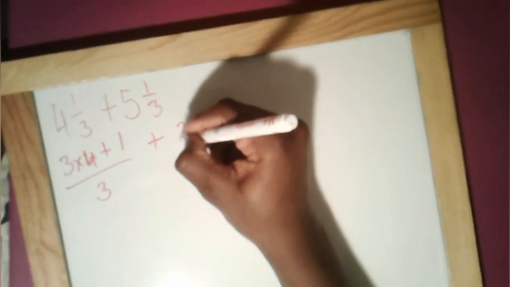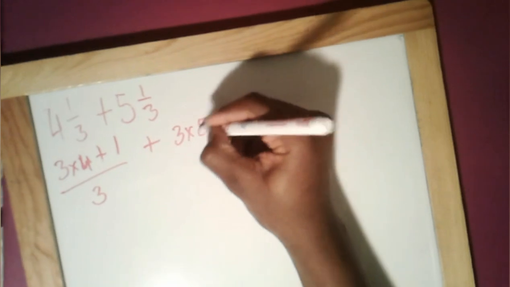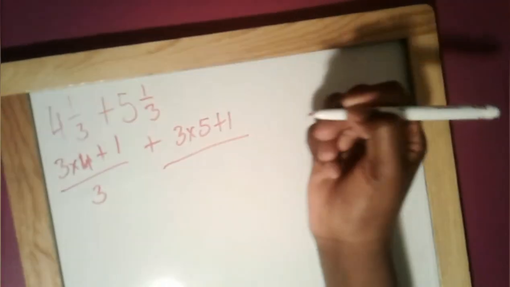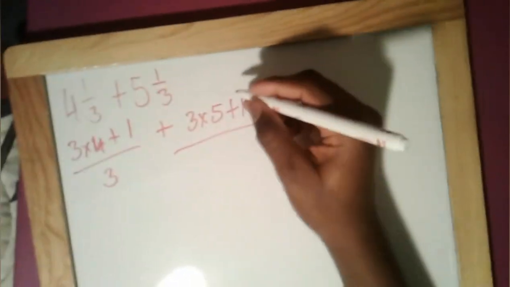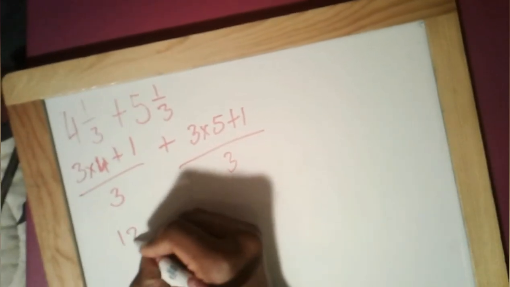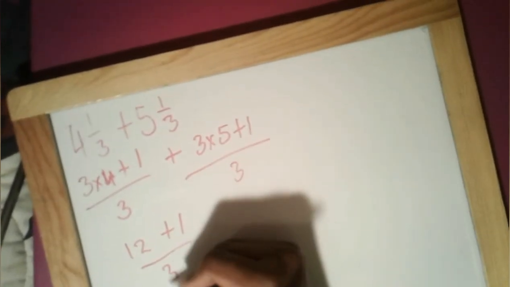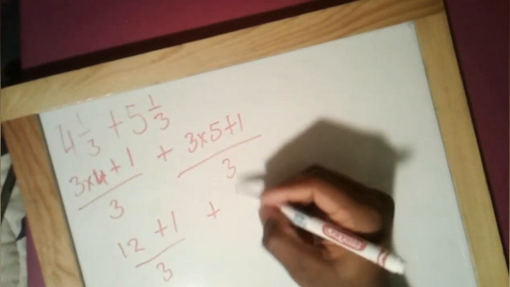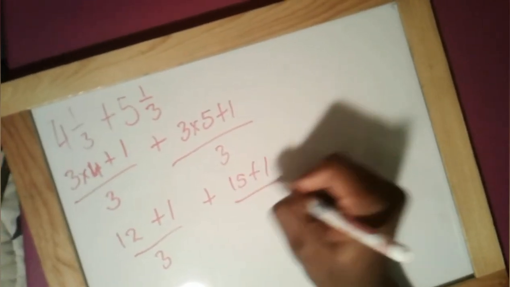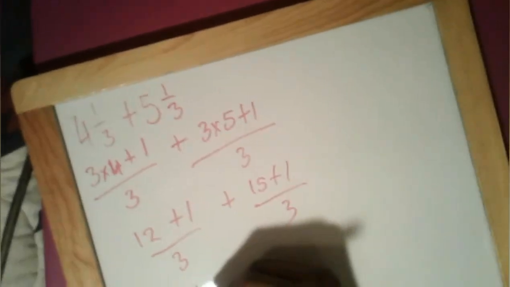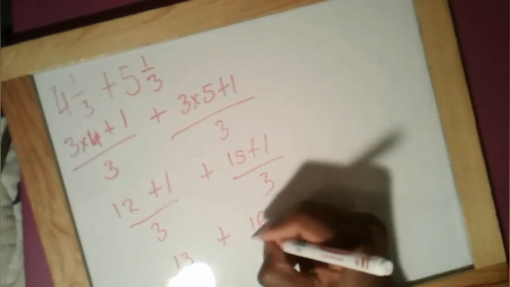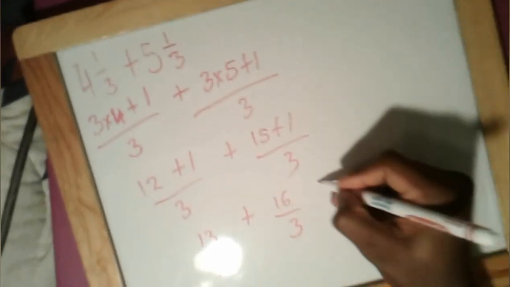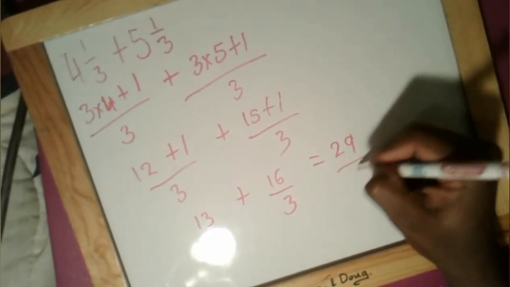And when you do it on the other side too, the denominator multiplied by the whole number, and then you add the numerator. So yeah, that will be 12. Then you add 1, that will be 13, and the other 15, so it will be 13 out of 3. You add 16 out of 3. So when you add this together, it will be 29 out of 3.